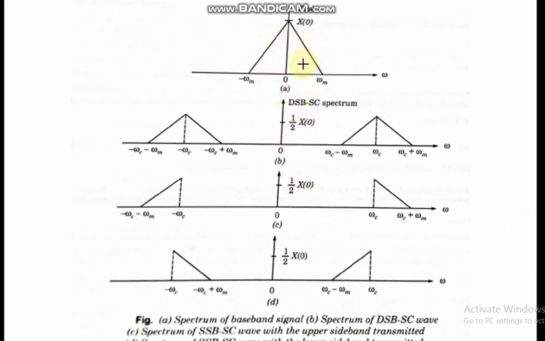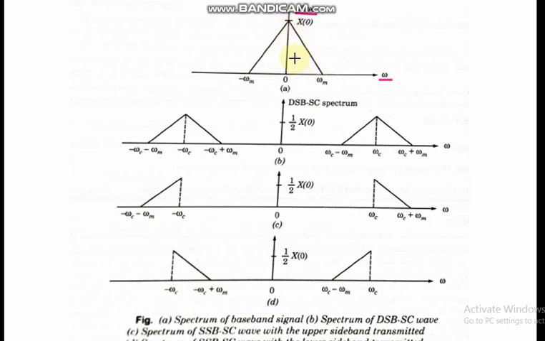So this is the SNR calculation at the input stage of the receiver. And you know that this is the baseband signal for the message signal. This is the frequency spectrum. On the x-axis we have taken the frequency omega, and on the y-axis the power spectrum X(omega). Since it is the baseband signal, having a range of frequencies from 0 to omega m, it is shown with a triangle.